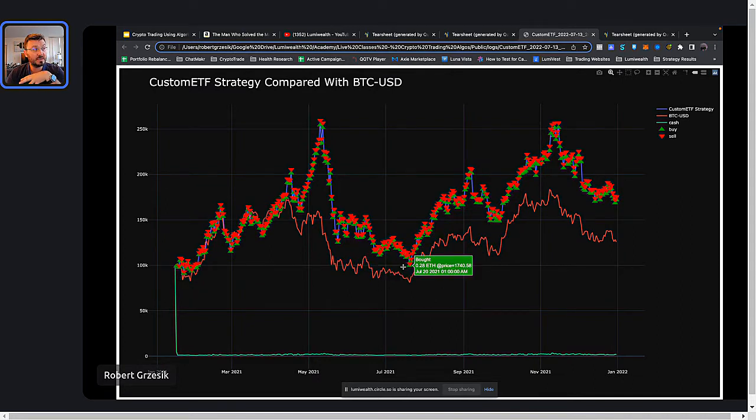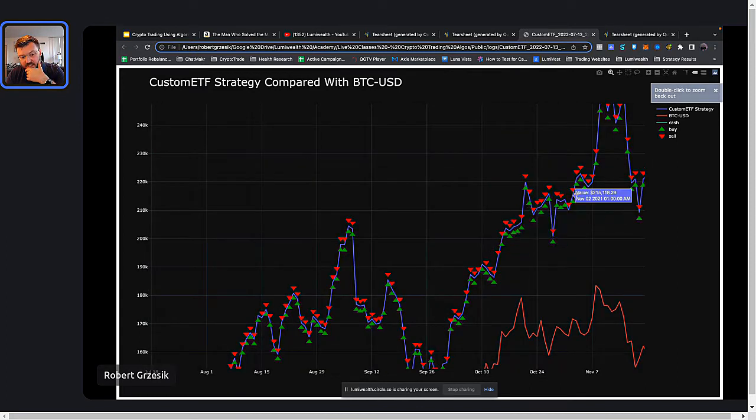In our case, we're comparing it to Bitcoin, right? So you see that we beat Bitcoin here. You could see everything the strategy did every time it bought and sold. Here it sold 28 Ethereum, and we could look at a buy of 0.24 Ethereum. So it's just buying and selling stuff around here, right? You could even zoom in and see exactly what it did in each time period, right?